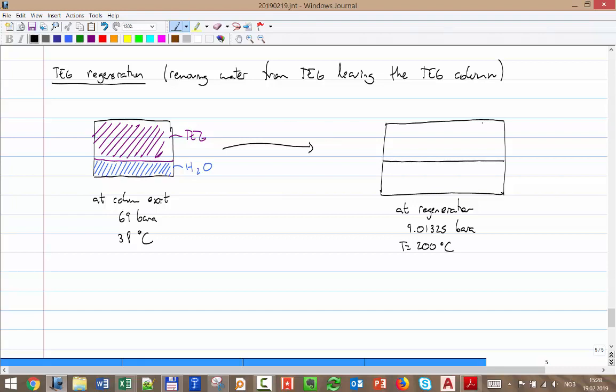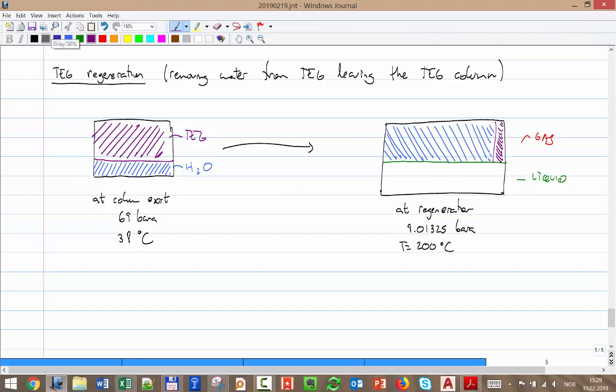Let's make it with another color maybe. That will be liquid, and this phase will be gas. In the gas we're going to have a lot of water. The main phase that is going to vaporize will be the water, and of course some TEG will also be vaporized, but not very much.